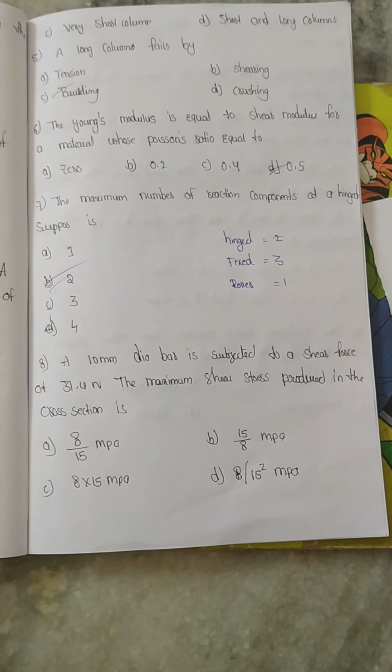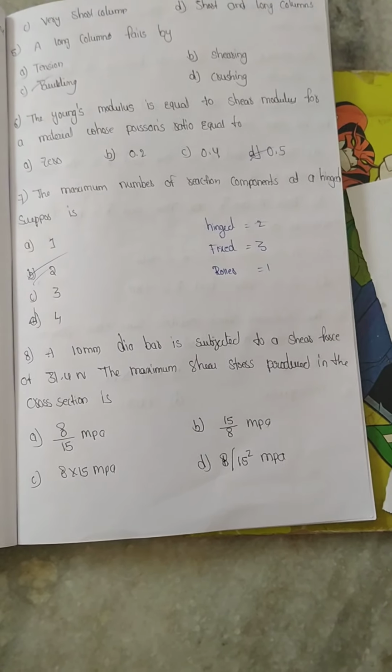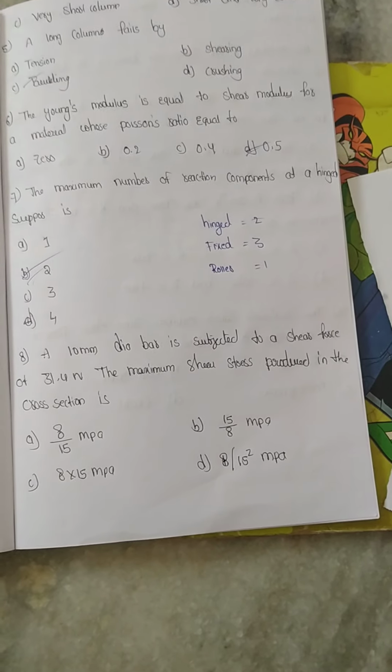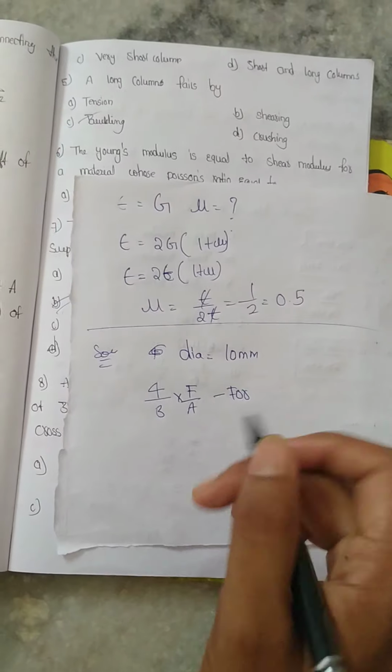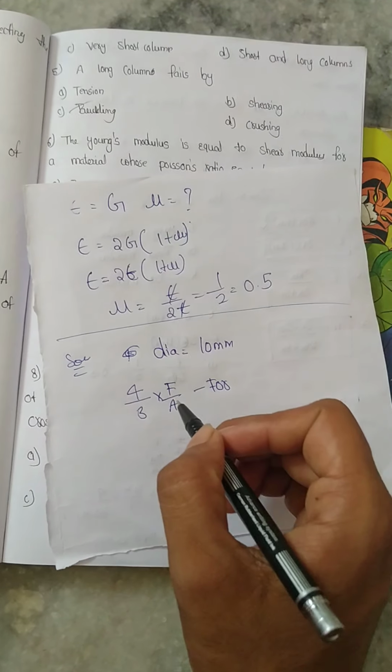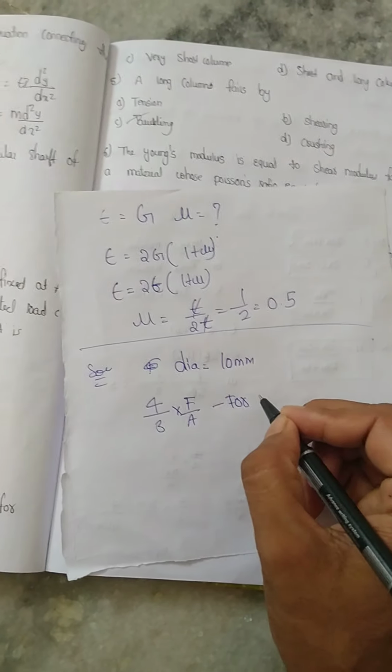The formula for the shear stress for circular is 4 by 3 into force by area.